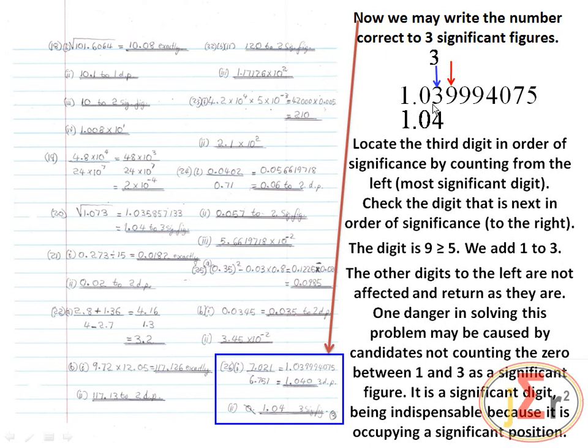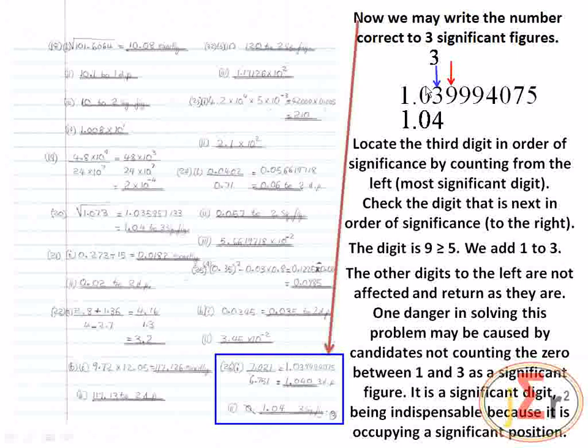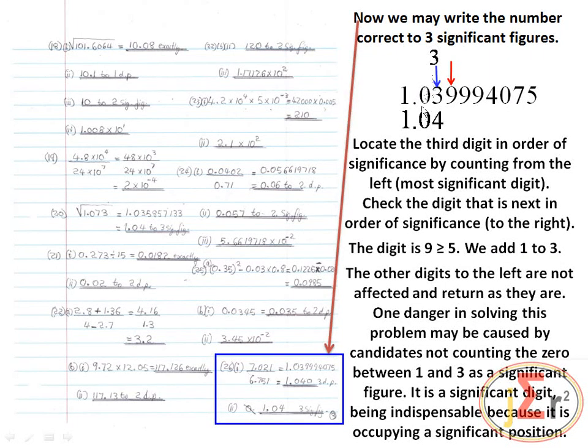If this one were not present, then this would be 3/10. But because of its existence, this is 3/100. Therefore, this is a significant digit, although its value is 0. Its place value is significant.